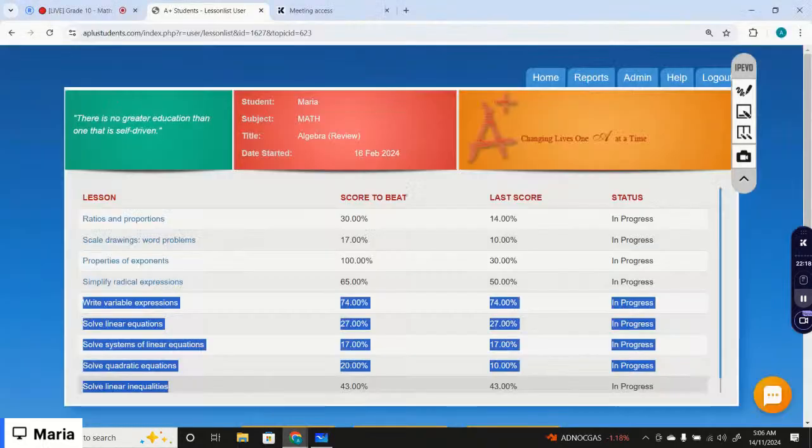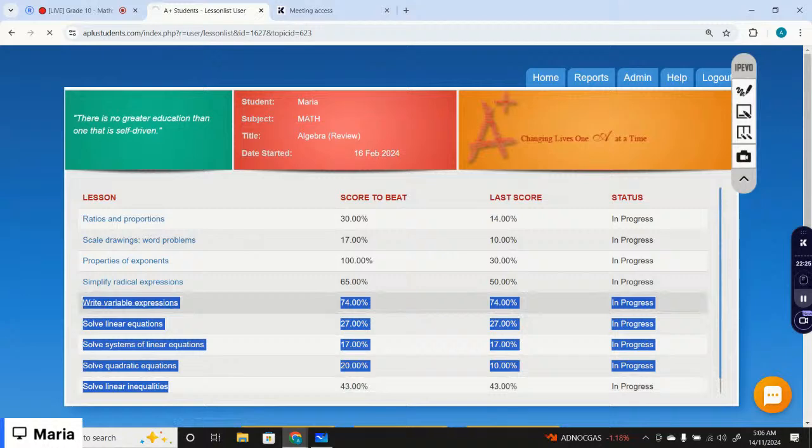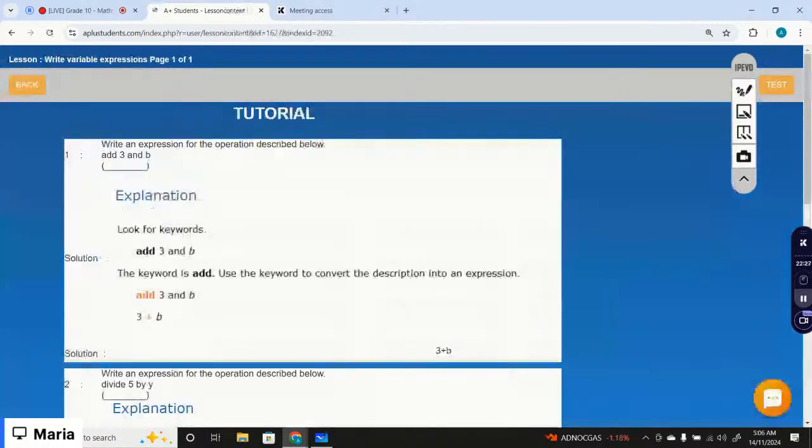Okay, here I am on grade 10 math. Let's just start with the lesson write variable expressions. Write an expression for the operation described below. Add 3 and b.